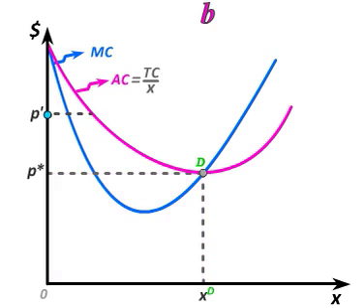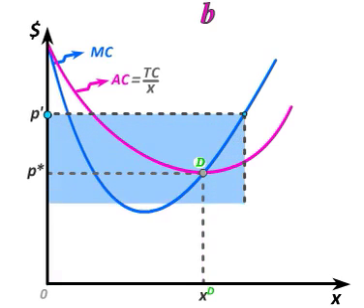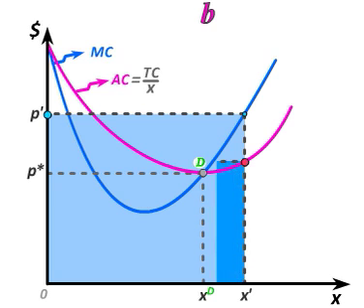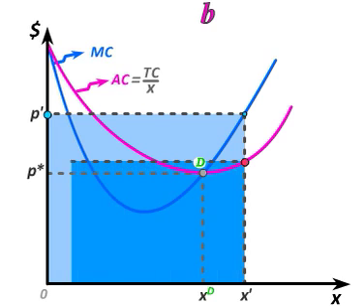If the price goes to P prime, on the other hand, I'll produce along the marginal cost curve, which we showed in panel A is equal to my supply curve above the break-even price. That implies that my total revenues will be equal to P prime times X prime, or the shaded blue area. When I produce X prime, I can again read my average cost off of the average cost curve, which in this case becomes AC prime.